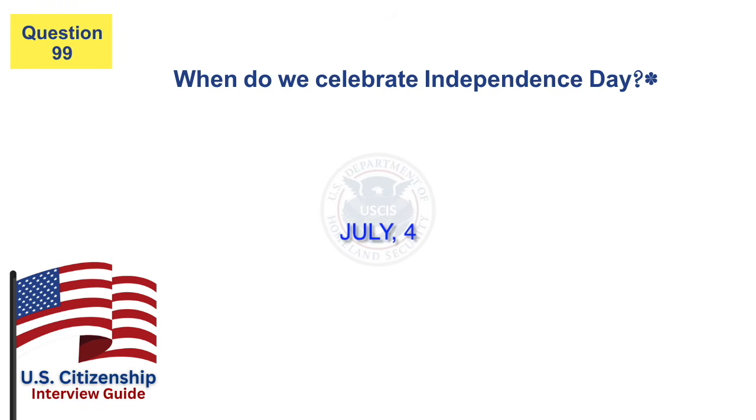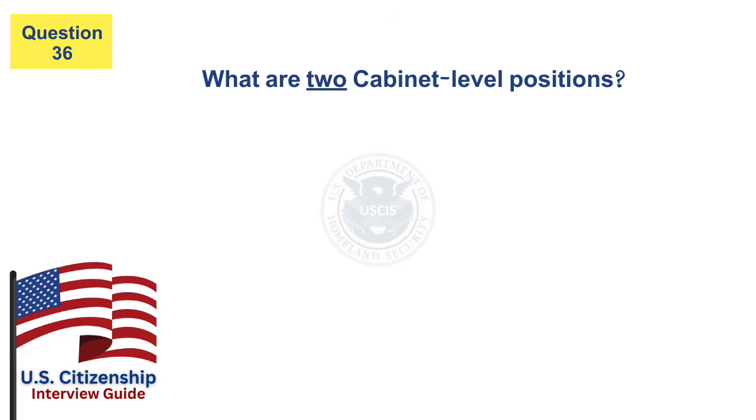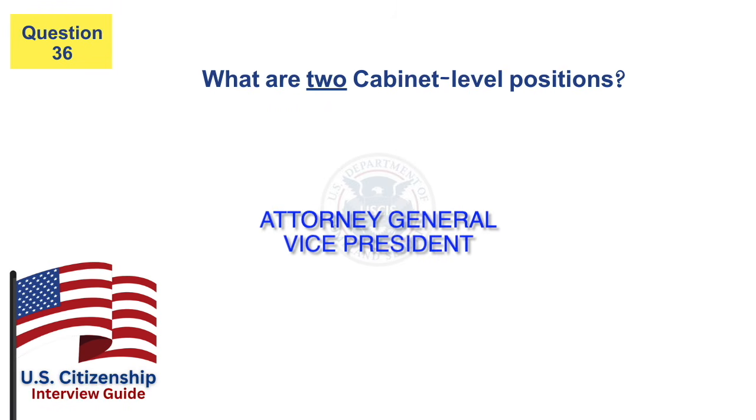July 4th. What are two cabinet-level positions? Attorney General, Vice President.